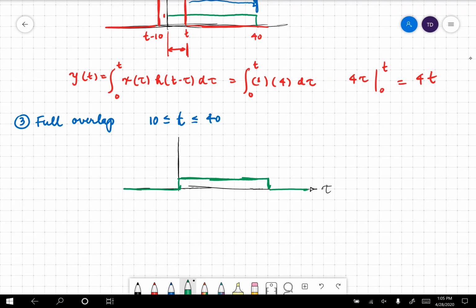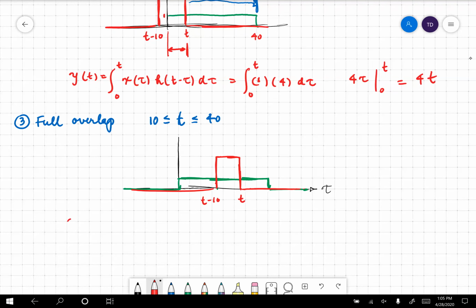The red function is in here somewhere. Draw red. So the only time we get anything non-zero is the region between t and t minus 10.